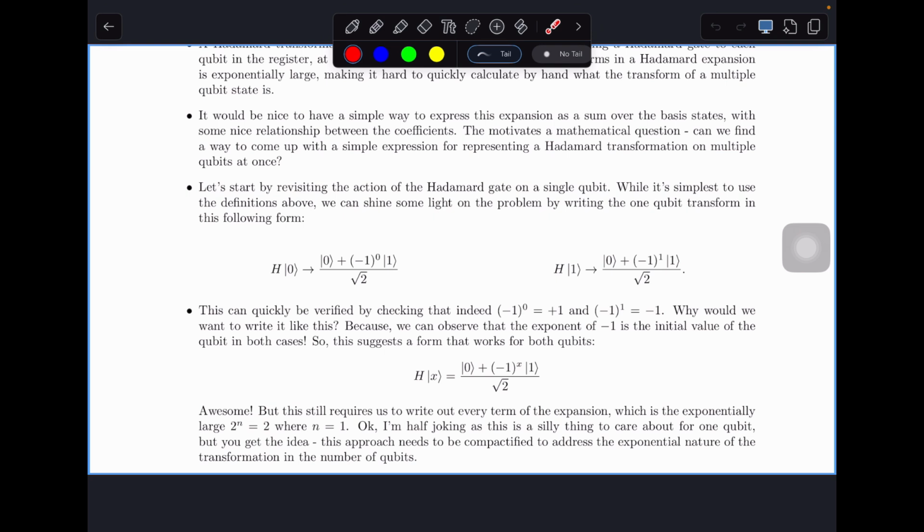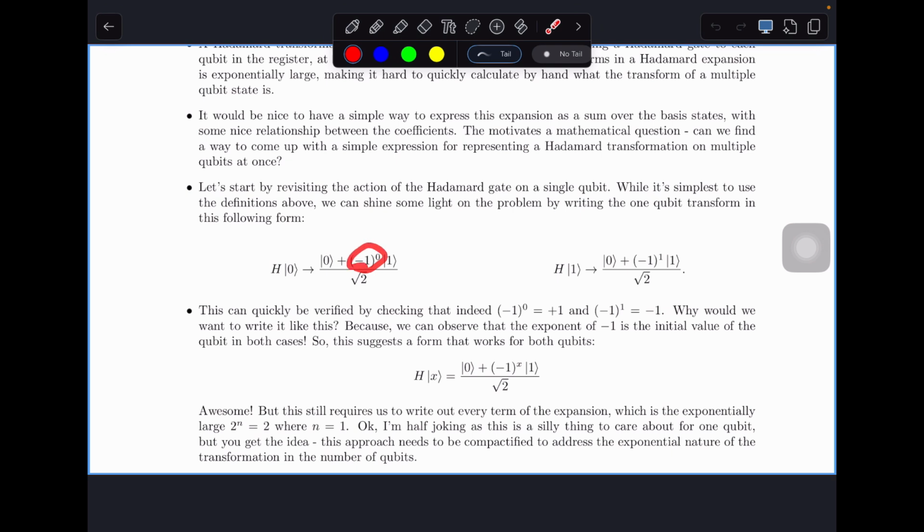The first thing I'd like to do is notice that the relative phase, which really just means the term between the 0 and the 1, whether it's a plus 1 or a minus 1, is controlled by what the input is. Specifically, if our input qubit is 0, then when we apply a Hadamard gate, there is a plus 1 between the 0 and the 1, but we can write plus 1 as minus 1 to the power of 0.